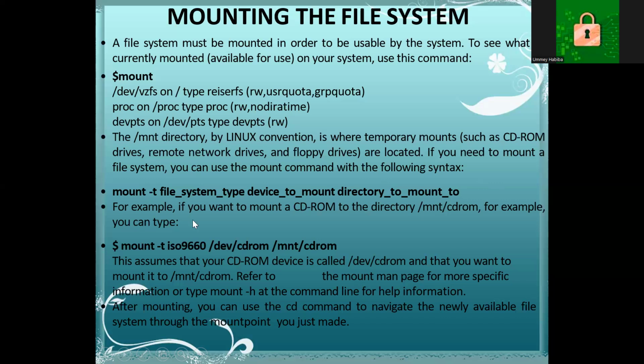For example, if you want to mount a CD-ROM to the directory /mnt/cdrom, you write the command mount -t iso9660 /dev/cdrom /mnt/cdrom. This assumes that your CD-ROM device is called /dev/cdrom and that you want to mount it at /mnt/cdrom.